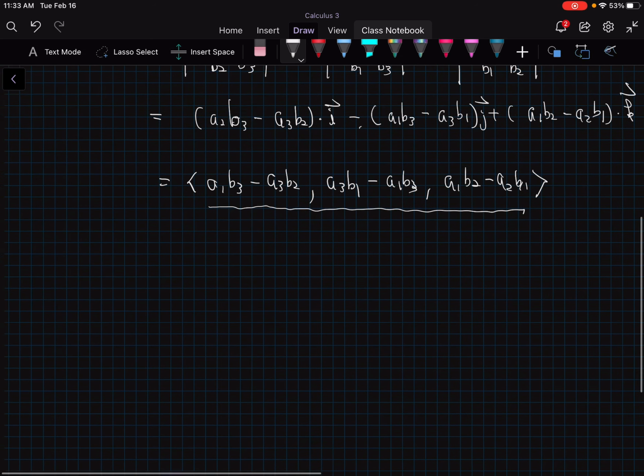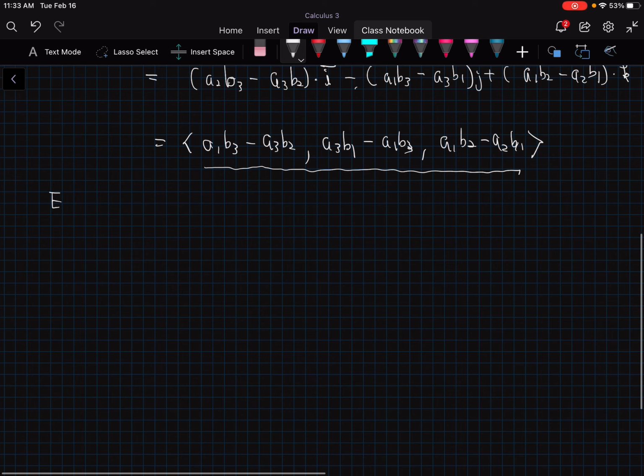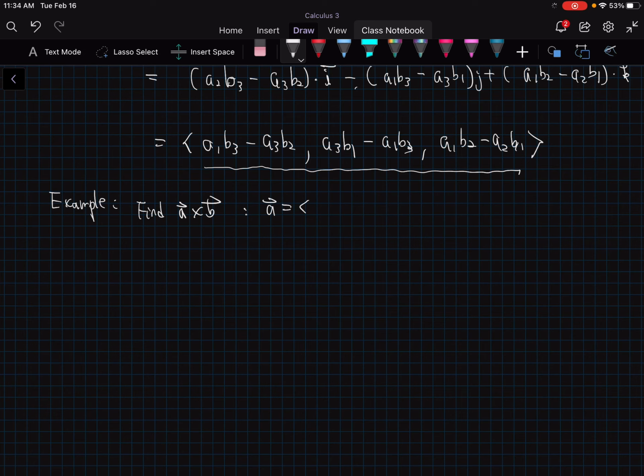Let's just see an example here. Find A cross B, where A is 1, 3, and 4, and B is 2, 7, and minus 5.